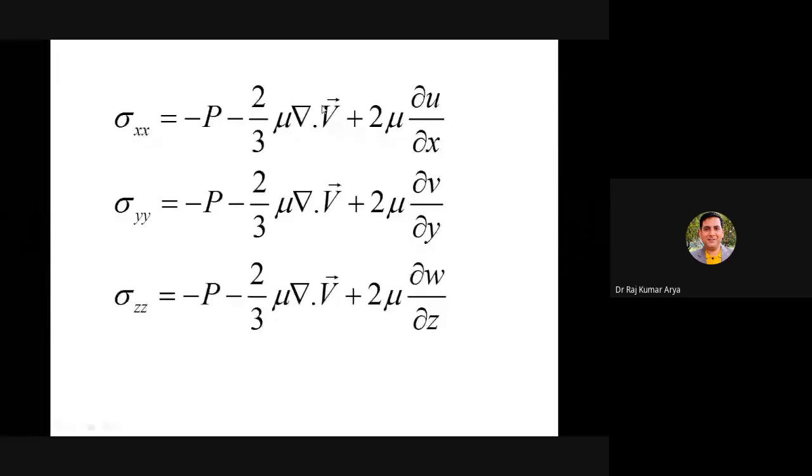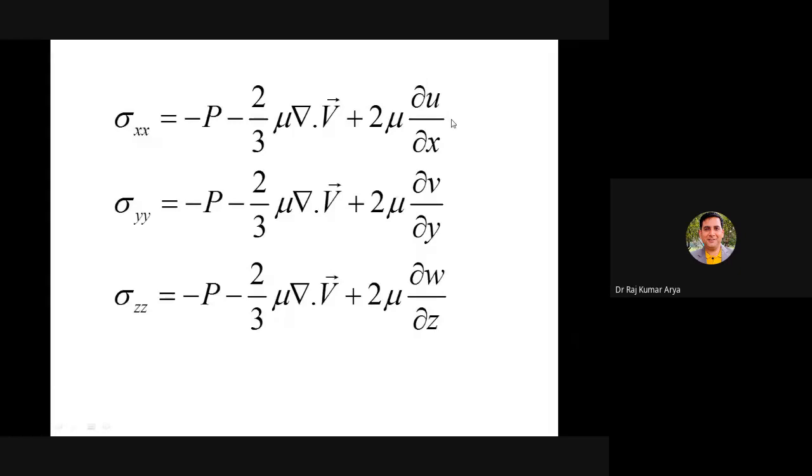This is due to the fluid dilation part. Then plus 2 mu times the strain term, this is due to the motion of the fluid viscosity. So these are coming from there. Derivations of these are also there, but for the time being you consider them as they are.